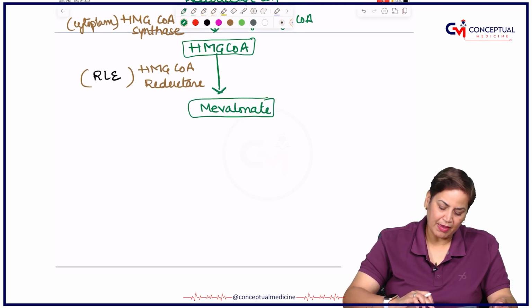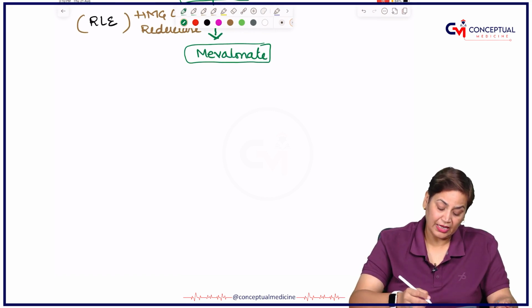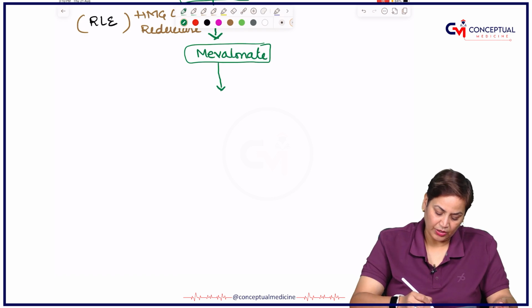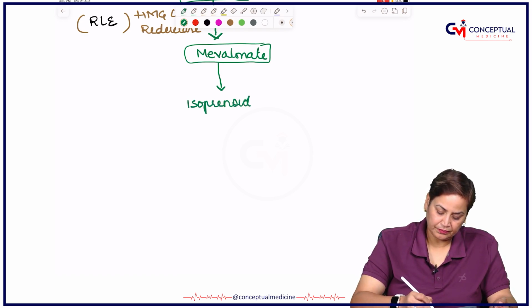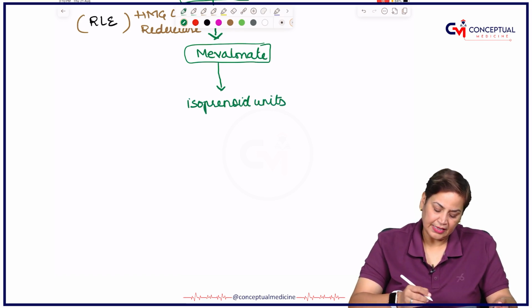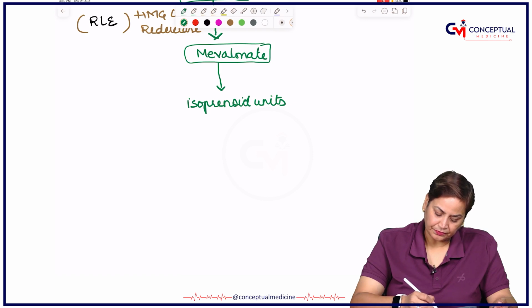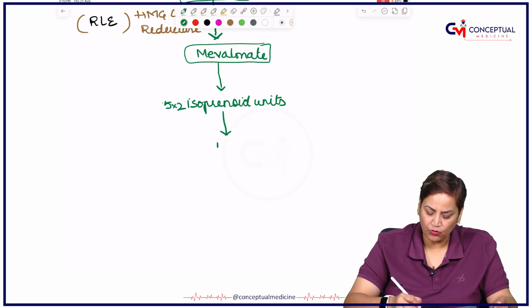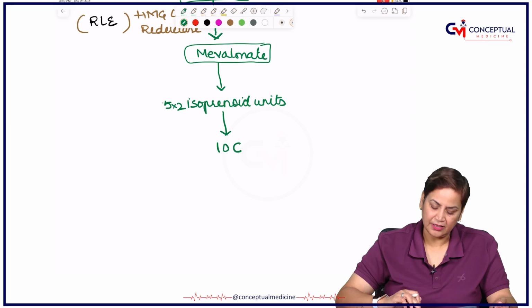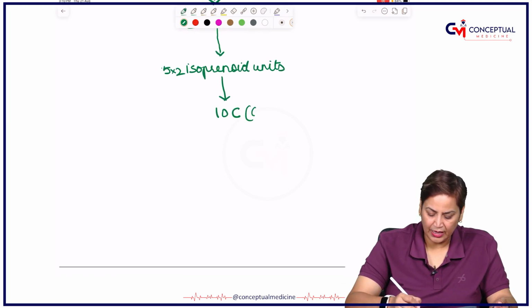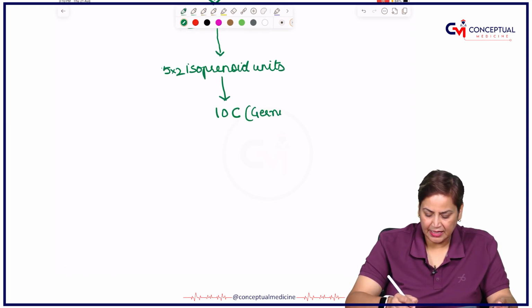Now this mevalonate will undergo 3 phosphorylation reactions, and it is going to form isoprenoid units. So it will be isoprenoid units, 5 into 2. So in total it is going to form 10 carbon atoms, which is also known as geranyl phosphate.